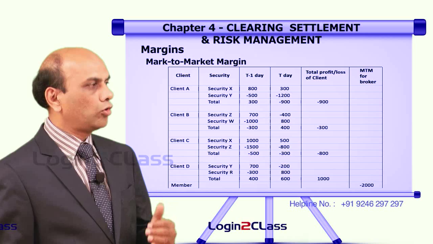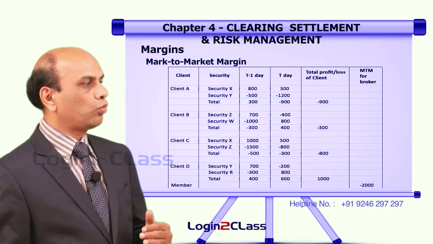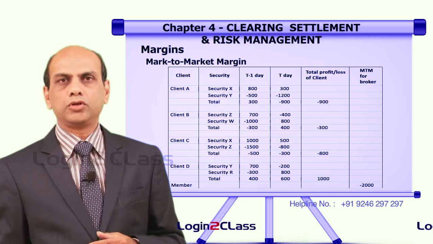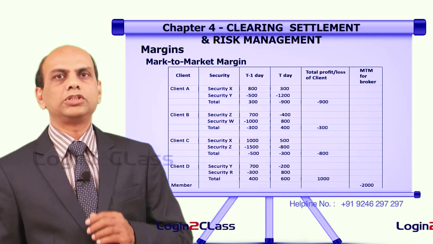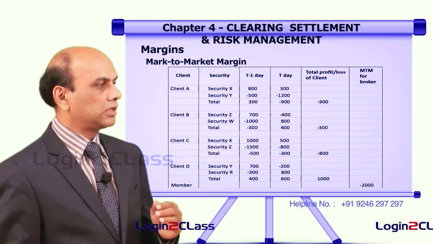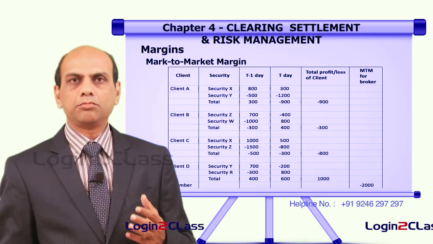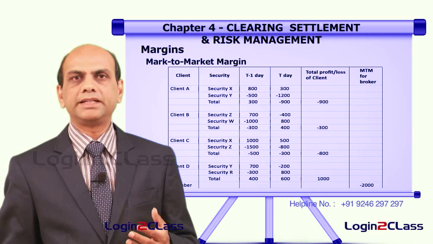Now coming to the following day, that is the T day, the next day, the security Y has gone into a loss of 200 because his position has changed because of the change in the market price of that particular security. Whereas on security R, it has become 800 because of the change in the market price on the T day.